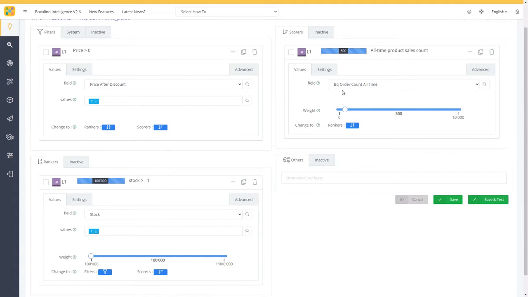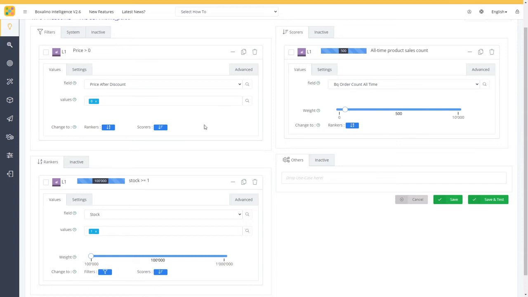Why? Because here we have a field which indicates the number of times the product was bought. It's not that the product was bought or not bought, which would make it conditional. It's the fact that we have a number from 0 to the maximum amount that has occurred so far, and the product has a certain value in that scale.